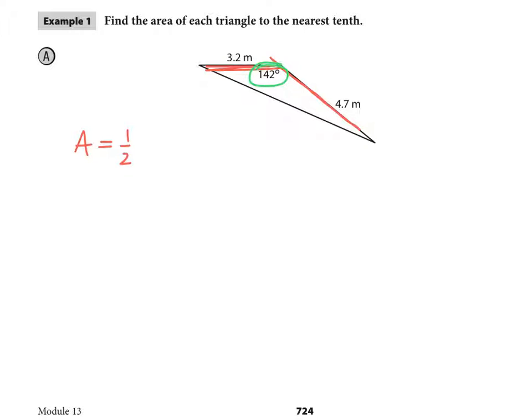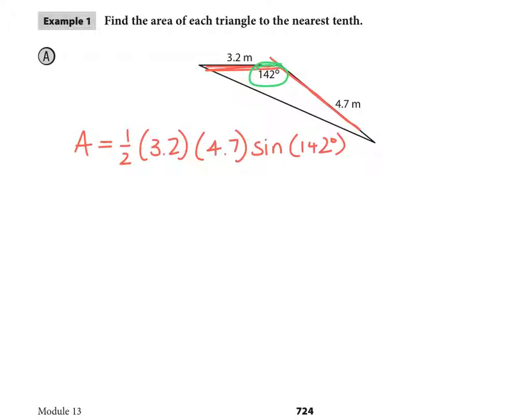And this is true. 142 is the angle directly between the two sides they've given us. So if I set this up, I'm going to get area equals 1/2 times 3.2 times 4.7 times the included angle, and we're going to use sine of 142. In this formula, it will always be sine, so just make sure that you remember that.